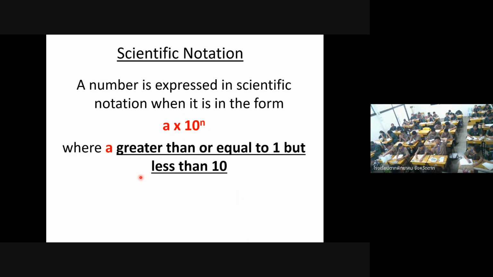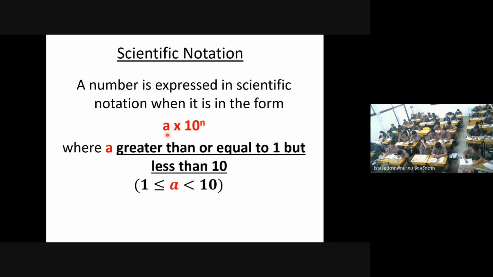Greater than means more than, equal to 1, but less than 10. So again, if we're dealing with the scientific notation, this is a times 10 to the power of n, right?